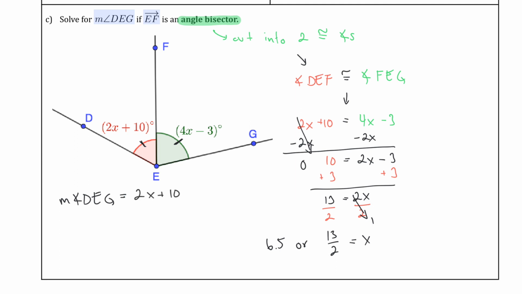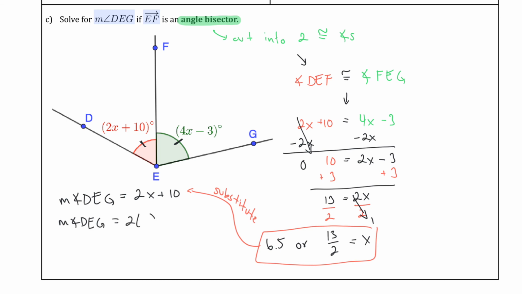And then we can take our value for x and substitute it in. And here's what we get. The measure of angle DEG is equal to 2 times 6.5 plus 10.